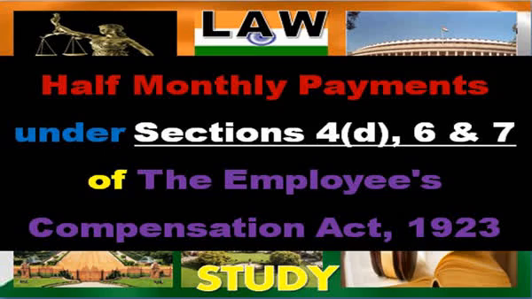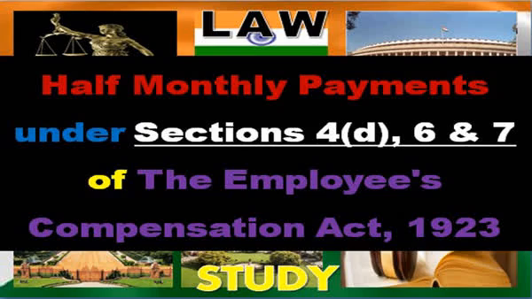Any half-monthly payment payable under this Act, either under an agreement between the parties or under the order of a commissioner, may be reviewed by the commissioner on the application either of the employer or of the employee, accompanied by the certificate of a qualified medical practitioner that there has been a change in the condition of the workman, or subject to rules made under this Act on application made without such certificate.